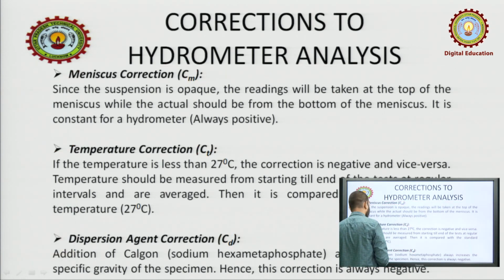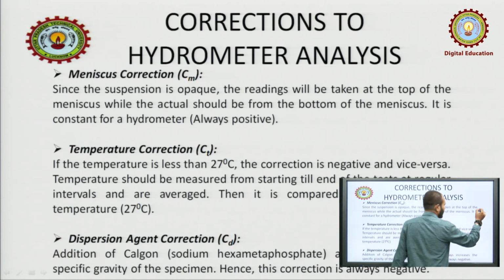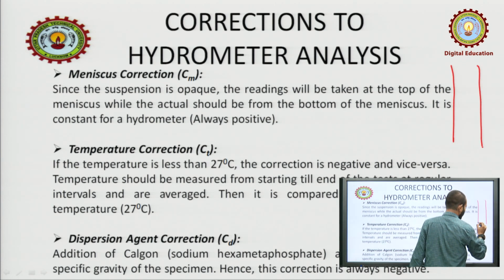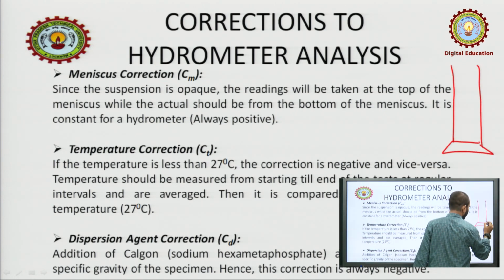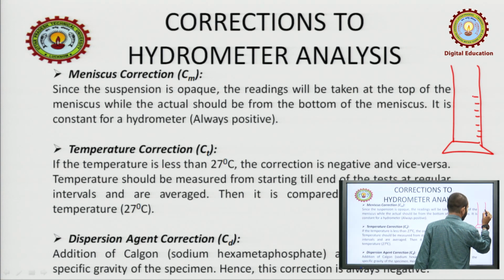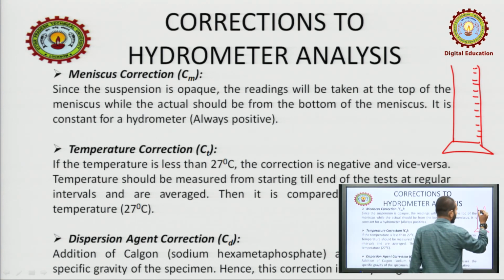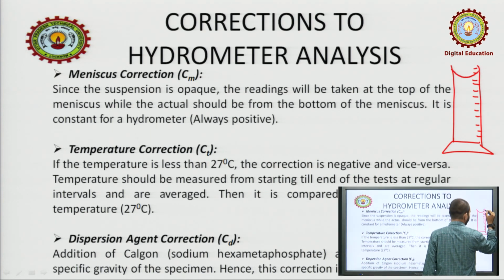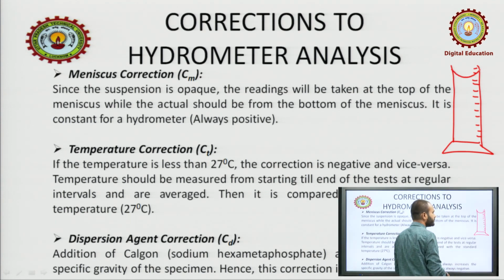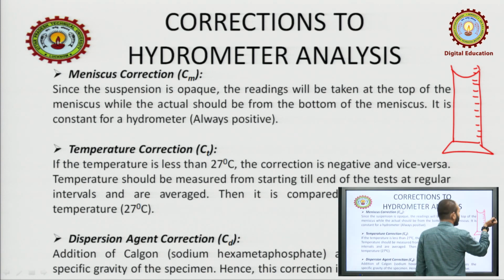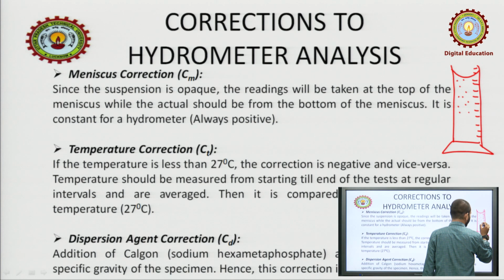suppose this is the cylinder, okay, measuring cylinder, something like this. Now you have filled the water in. The water will have a surface like this, okay, due to its cohesive property, you know. So once you have filled it and the soil is put into it and mixed thoroughly, what will happen?